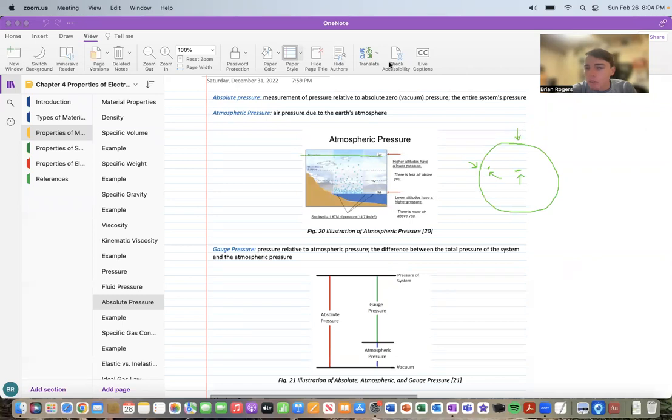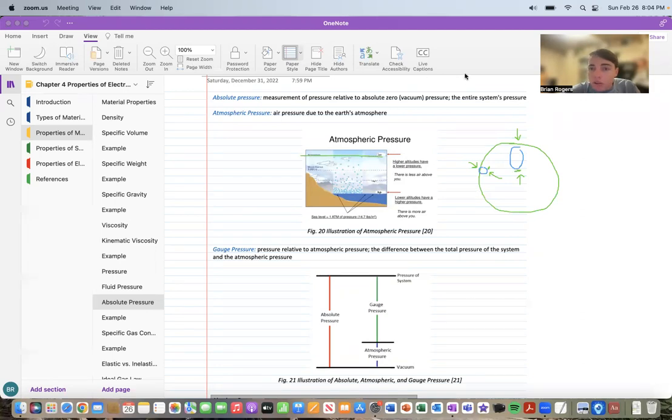So at this point there is less air pressure, but here there's more air pressure because there's more air to press on you as the observer down here. What we're going to talk about a lot with atmospheric pressure is the air pressure due to the Earth's atmosphere, but the measurement relative to absolute zero is the entire system pressure.